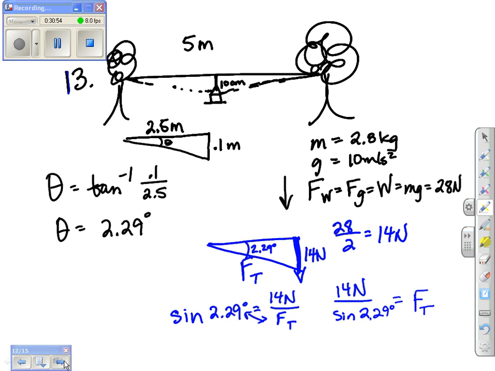And you should be able to find out that your tension force is 350.28 newtons. Now, my other comment would be that that's the best way to do it because we don't have any other forces. So to find the tension in the wire would be that on each side. Okay, so that would be your answer.